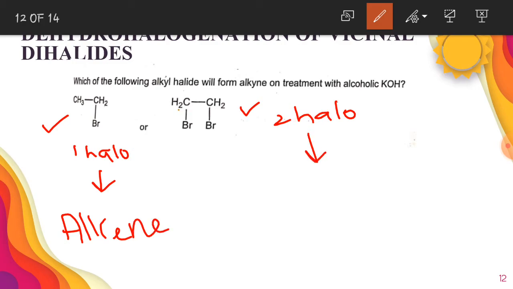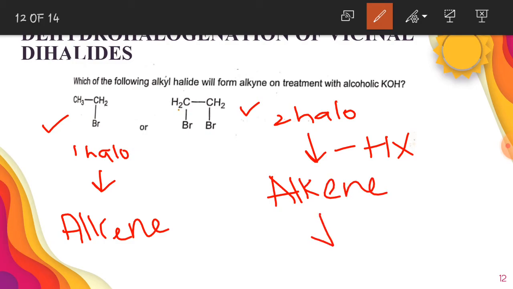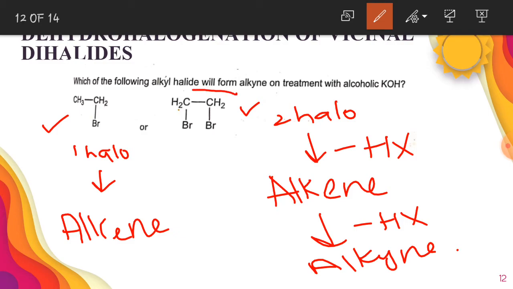However, if we have two halo groups, then after the removal of one halo group, first it will form alkene, and then with the removal of the second halo group, it will form alkyne. So out of these two organic compounds, this compound will produce alkyne.